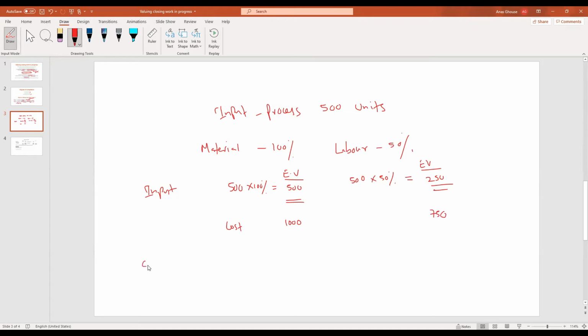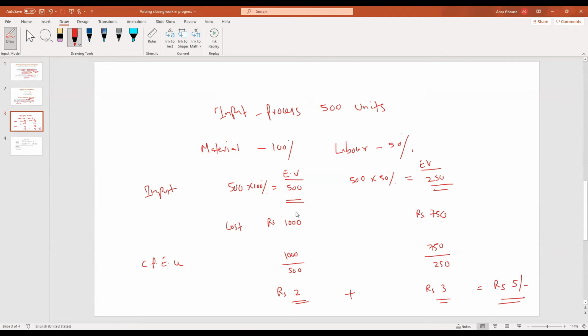So what is the cost per equivalent unit? This is in rupees. 1000 divided by 500 will be 2 rupees per equivalent unit, and here 750 divided by 250 will be 3 rupees per equivalent unit. So the total cost will be 2 plus 3, that will be 5 rupees.